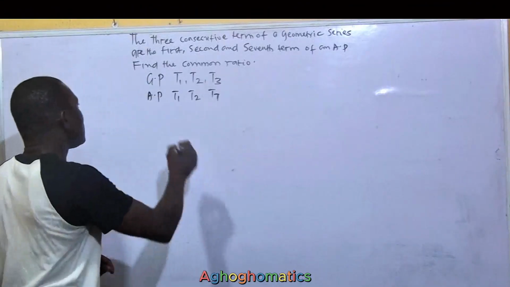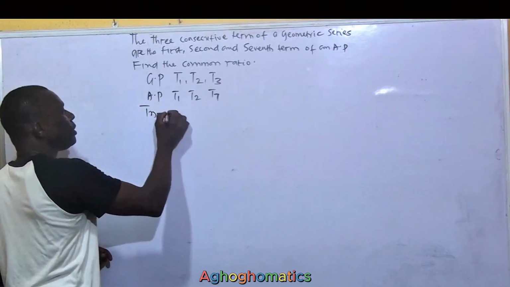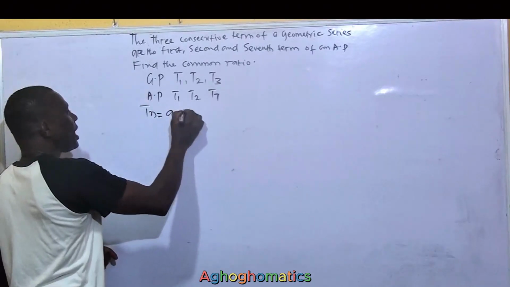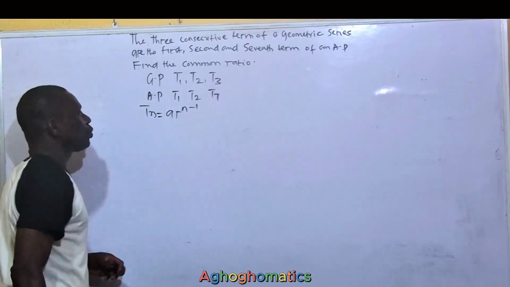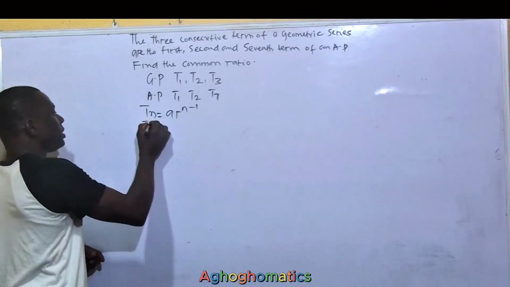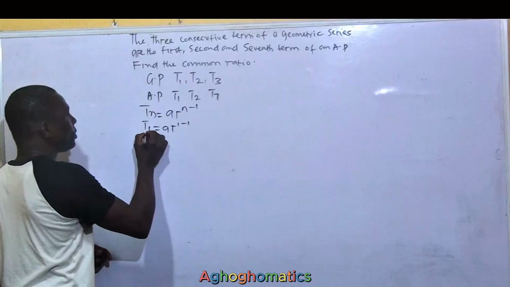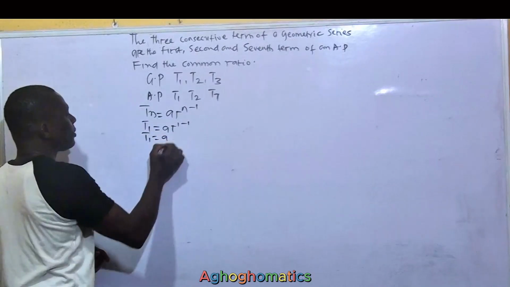But the first thing is that the nth term, which is Tn of a geometric progression, is a r raised to n minus 1. So here the T1 becomes a r raised to 1 minus 1. So T1 is a.